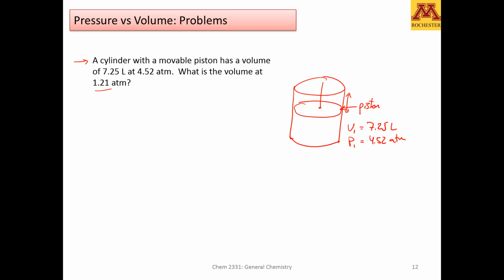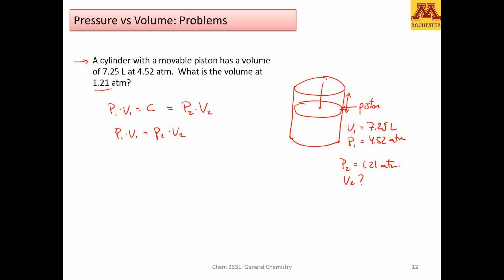So if the pressure now is 1.21 atmospheres, what is the volume? Well, what we know is that pressure times volume is equal to a constant, which is equal to the other pair of pressure and volume. Does that make some sense? So this means that pressure 1 times volume 1 is equal to pressure 2 times volume 2.